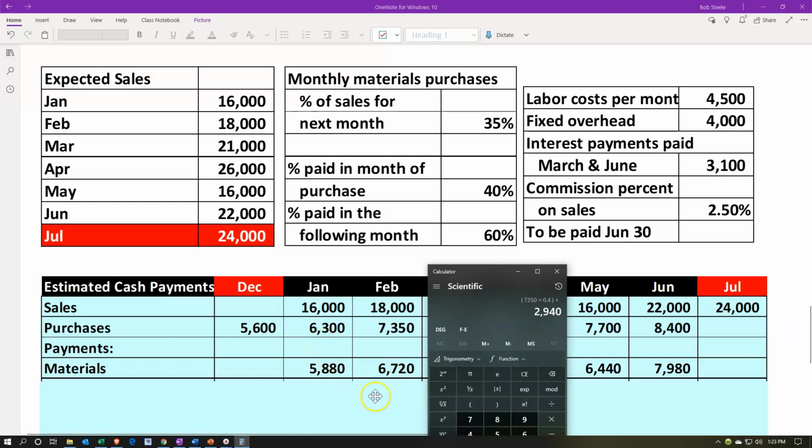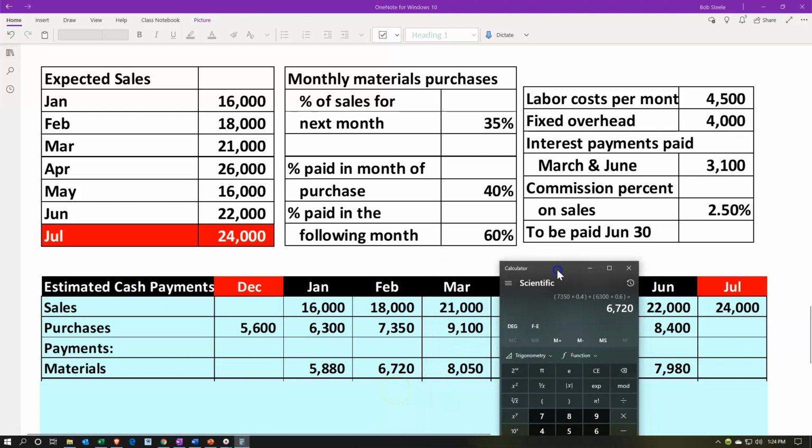So I'm going to say brackets, and we'll say 6,300 times 0.6 that we're going to collect, and close the brackets, and there we have it. So there's the 6,720. Let's do this one more time, and then we'll assume this same process across.